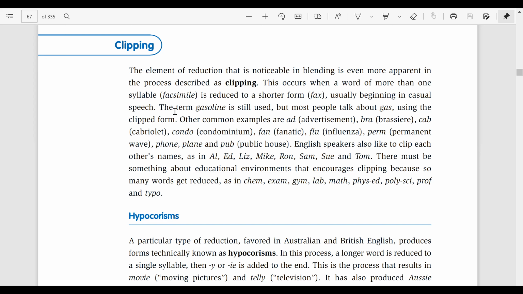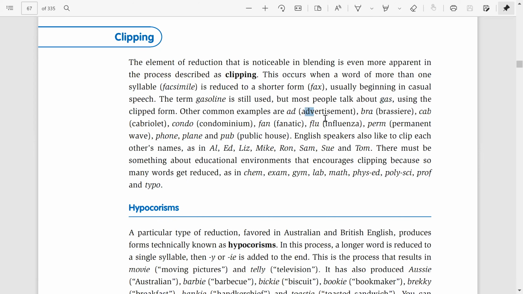For example, in this word, gas, normally the term is gasoline, but we have clipped this word and we use gas normally. And for advertisement we use ad, and for influenza we normally use flu, and for permanent we use perm, etc. So we actually shorten the word.